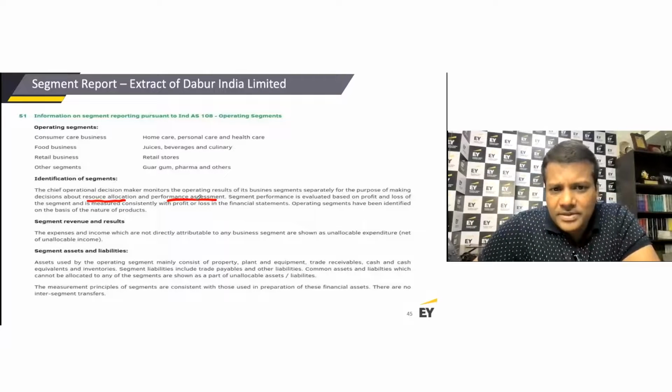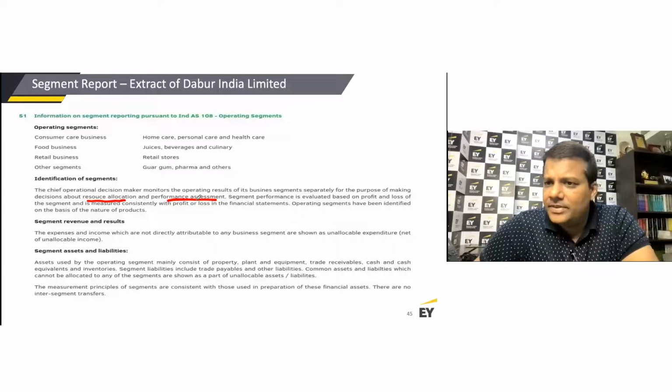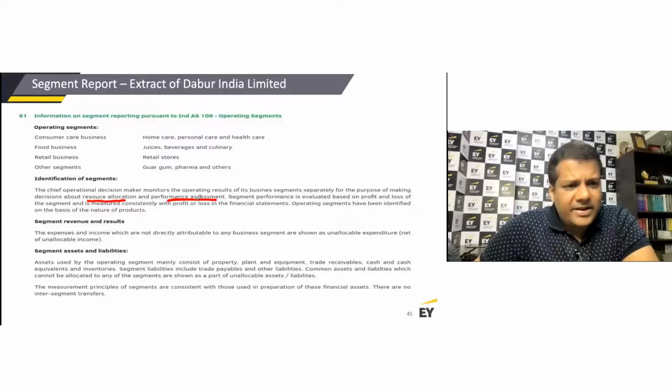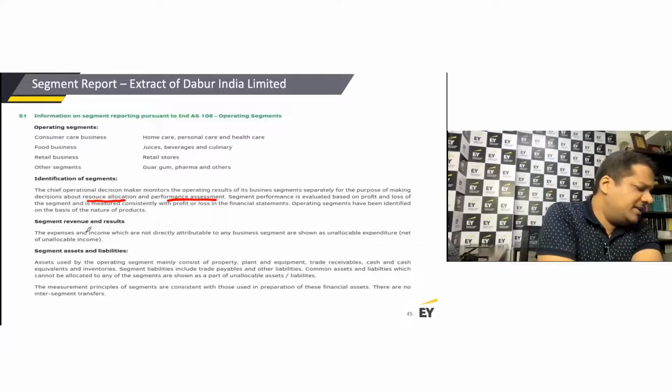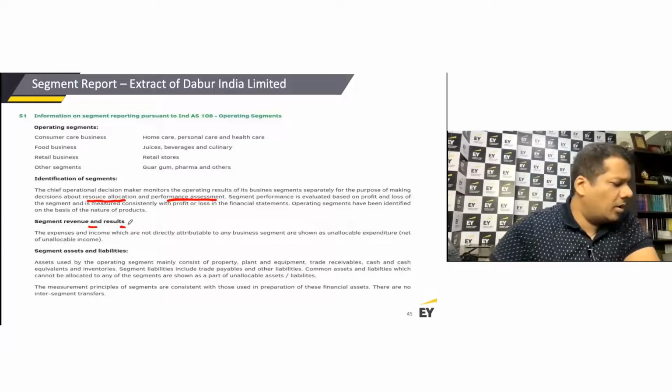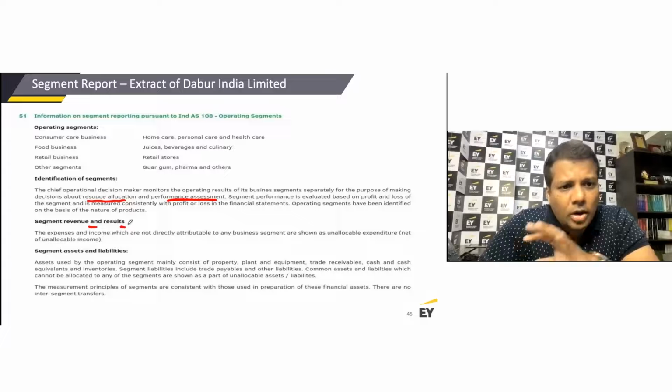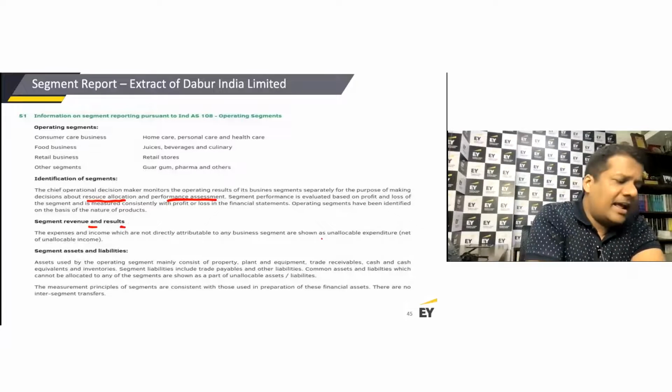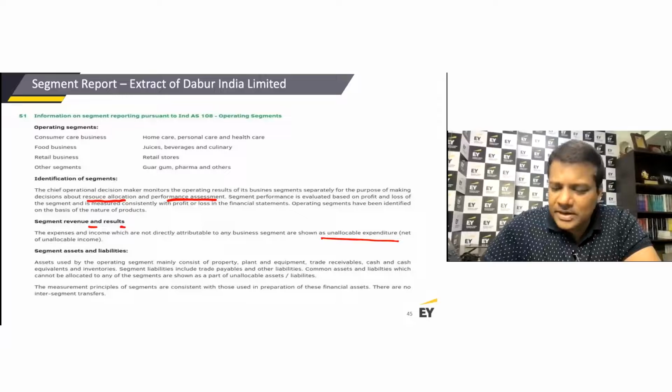Segment performance is evaluated based on profit and loss of the segment and is measured consistently with the profit and loss in the financial statements. Then you're disclosing the segment revenues and results. The expenses and income which are not directly attributable to any business segment are shown as unallocable. Similarly, you have to disclose segment assets and liabilities.